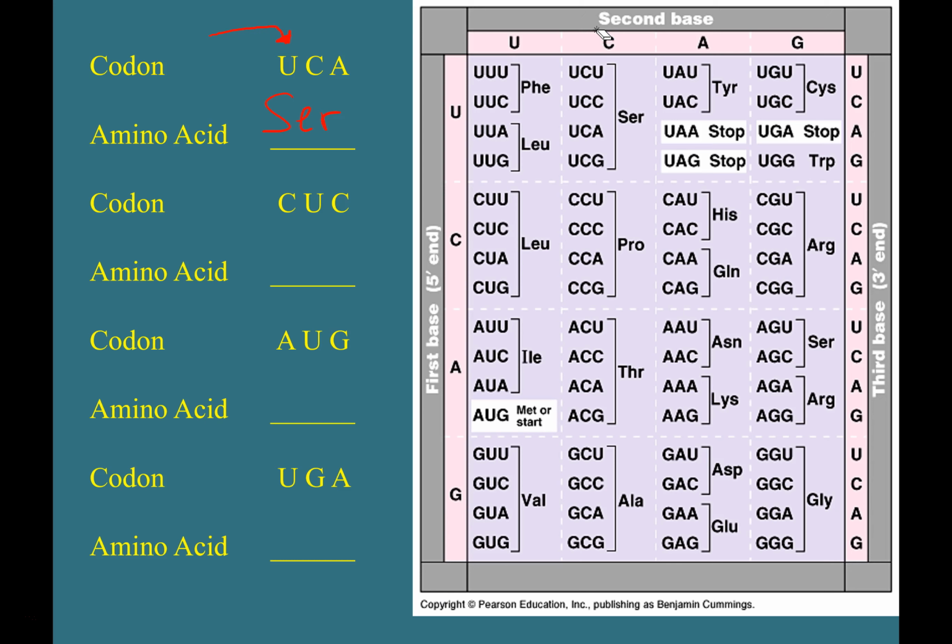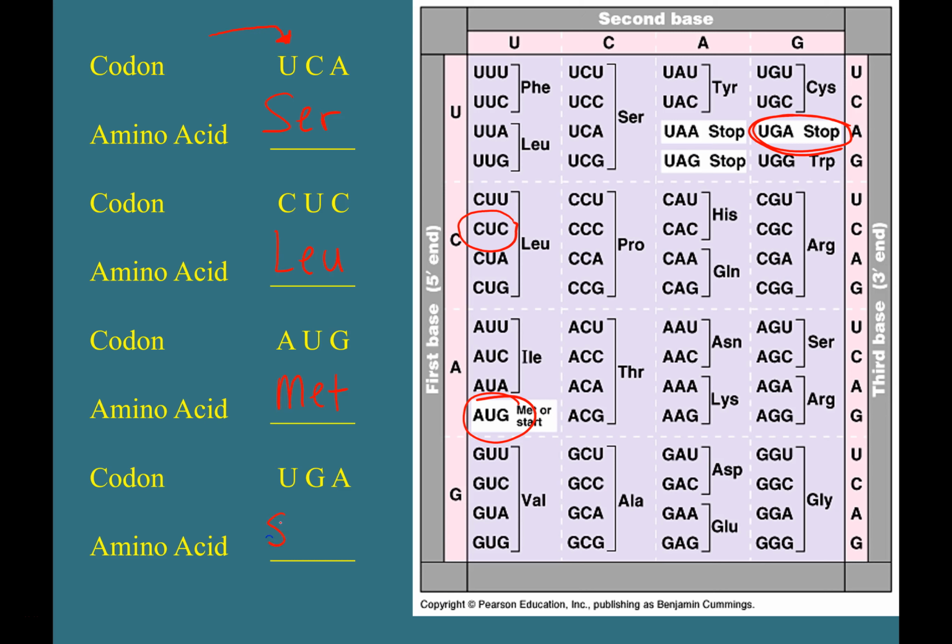Let's try CUC. CUC is right here, which is going to go get the amino acid leucine. AUG is going to be right there. That's going to go and get methionine, or MET. And UGA, that's going to be an interesting one. That's actually not going to go get any amino acid.